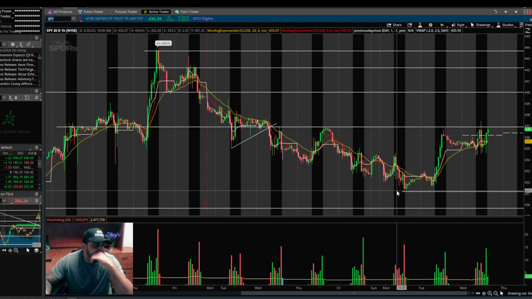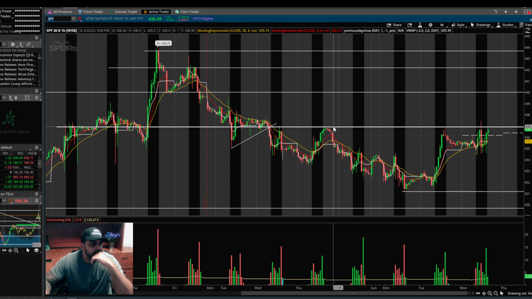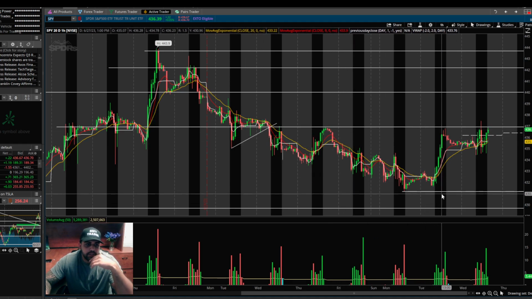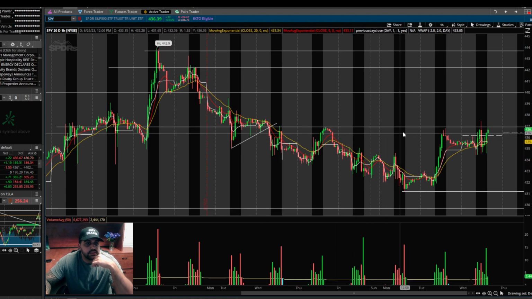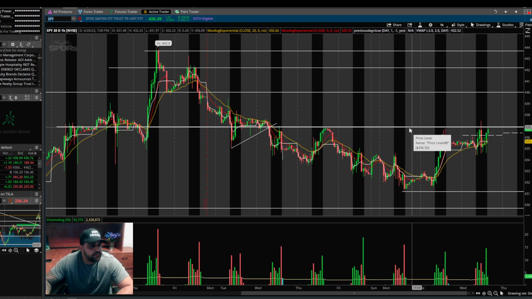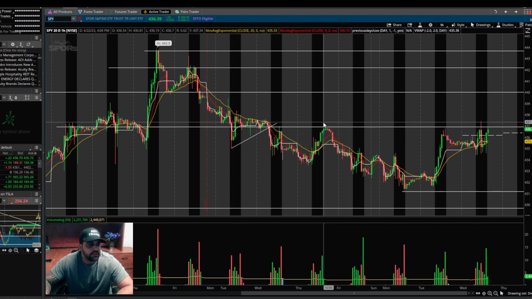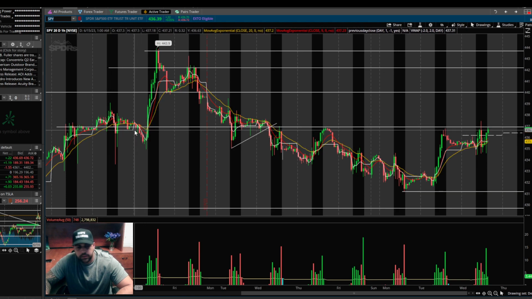Okay, so what we do here, we found levels before the open, right? If you can see, we had this resistance here at 437-ish. You touch it once here. It used to be a support, so if you see here, the resistance turned support.